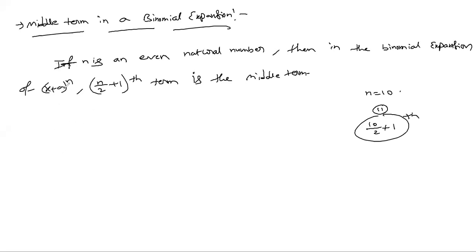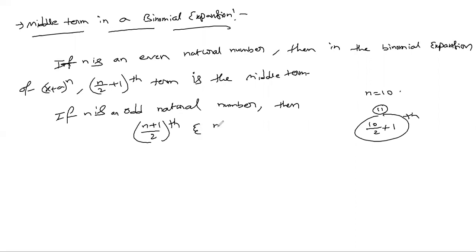Okay. Next, if n is an odd natural number, then the ((n + 1)/2)th and ((n + 3)/2)th terms are the middle terms in the binomial expansion (x + a)^n.